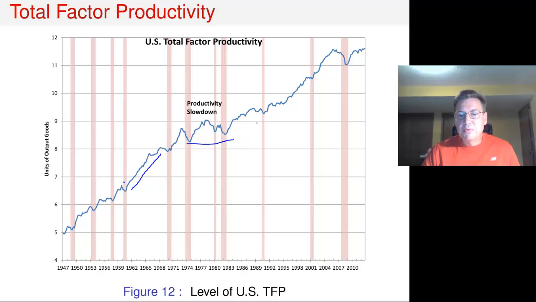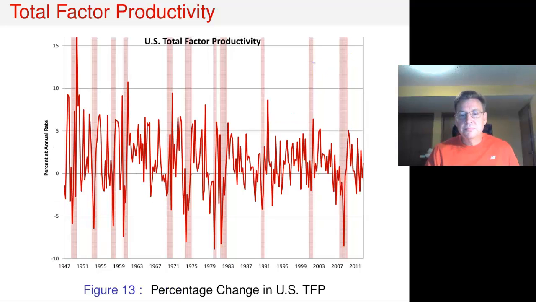And then it picked up. It was sort of pretty good in the 80s. And then in the 90s, it really picked up again, comparable to what was going on in the 60s. And then it just fell out of bed. And that is the recent financial crisis and recession.